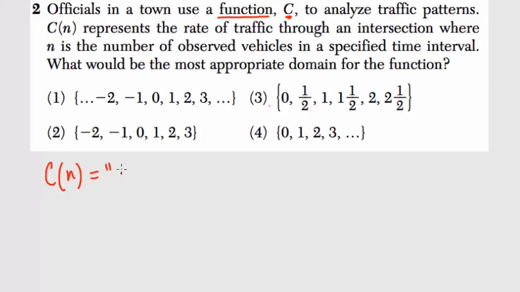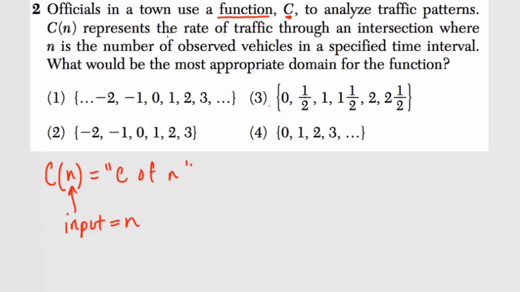This reads as C of n, and that just means the output based on the input n. So here input equals n. That determines what the output of the function is. So it's a function C based on the input n. That's the idea. C based on whatever we're inputting for n.